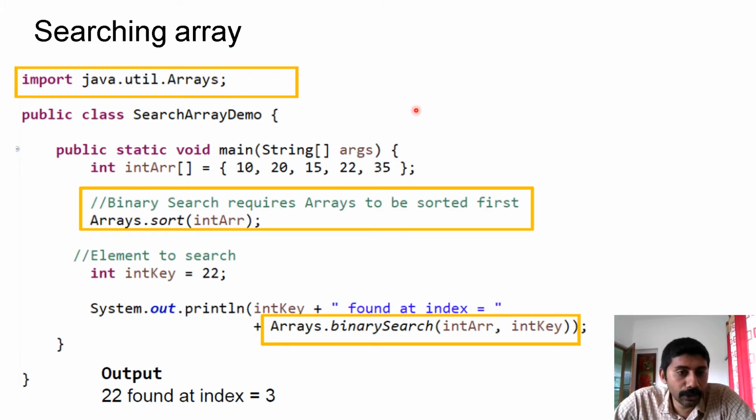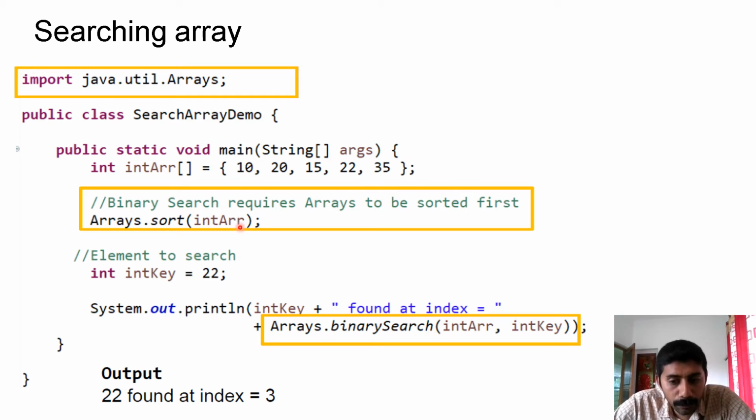To perform the searching operation, searching means you have to find a particular element in an array. For that again you need to import java.util.Arrays. Once you include the Arrays class in your program, here is the array, and in this case we are going to use binary search.